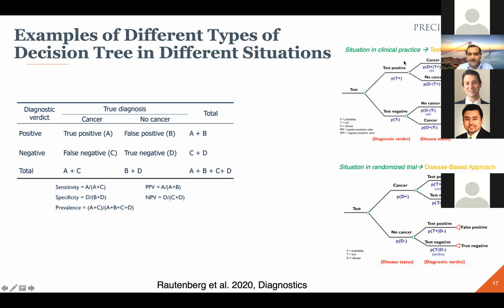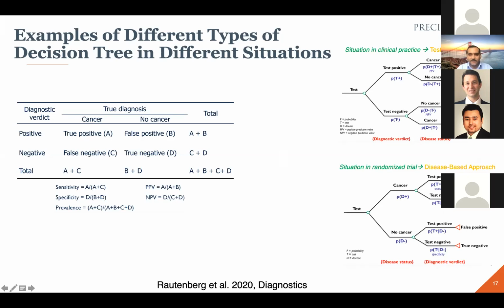Then you talk about the disease status. If the study is about clinical practice, they use a test-based approach where the test comes first, and then you learn whether it is correct or not. But in randomized trials, you have a control group and a non-control group, so you already know the disease status in one group. Here the disease state comes first, and the diagnostic verdict comes later.